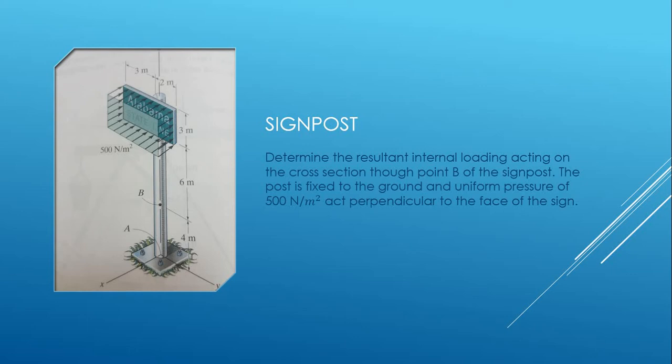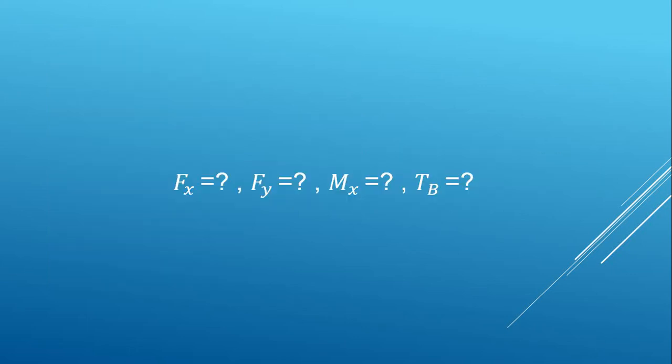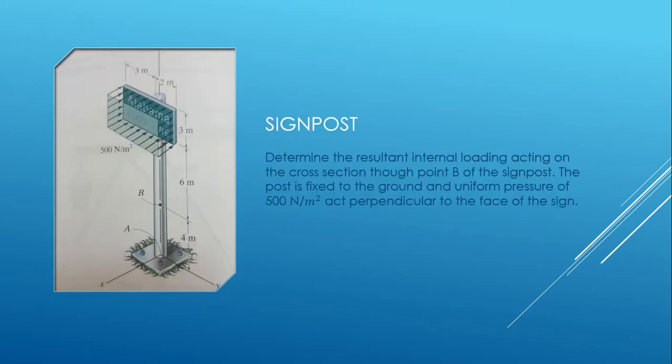Let's solve it. It's very simple. At point P, as we see here, we have X direction, Y direction, and Z direction. At point P, we need the internal force.